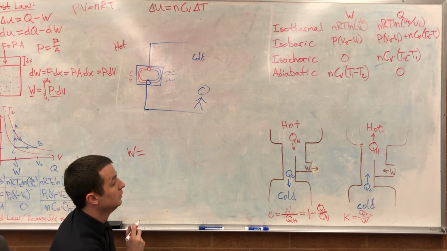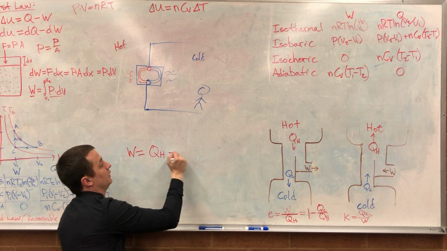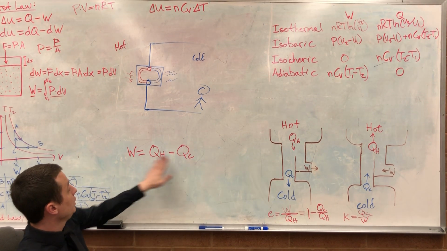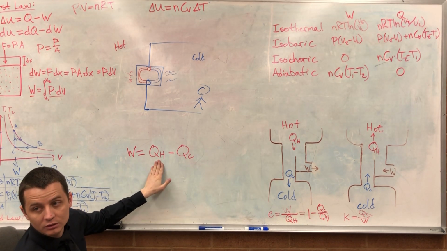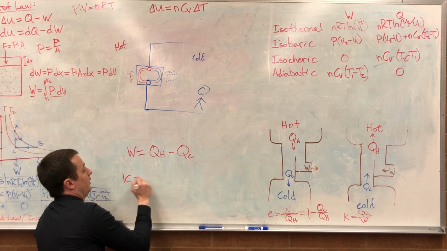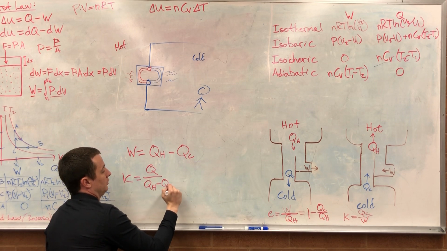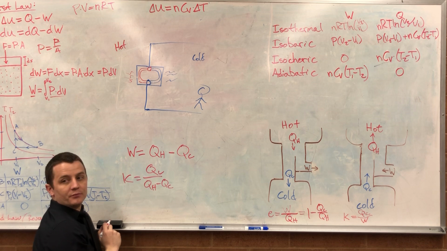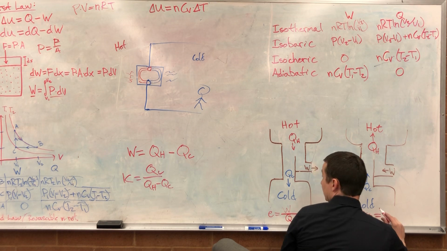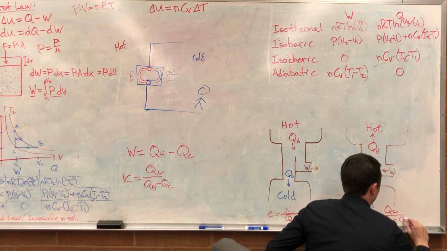It's equal to QH, the heat leaving, minus the heat coming in, because QC plus W is QH. So W is equal to QH minus QC. So we can also rewrite K as QC over QH minus QC. That's the other way you'll see it.